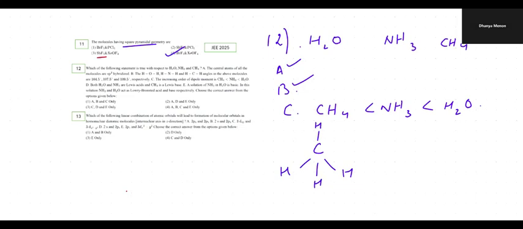We have ammonia. Ammonia has some dipole, and this is water.